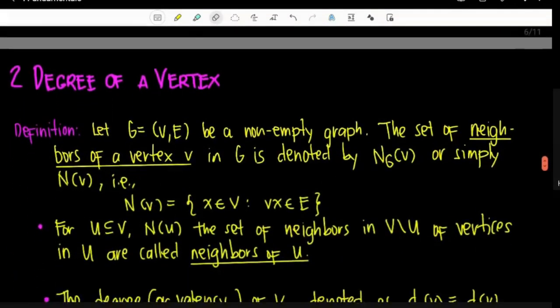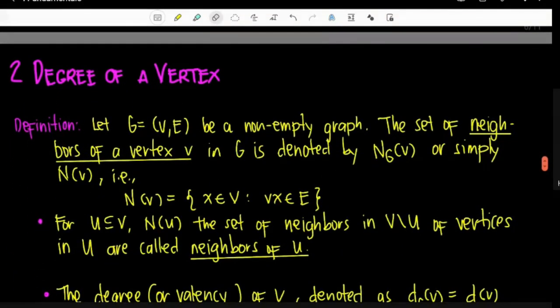About graph pa din. So, degree of a vertex. What do we mean by a degree of a vertex? For a given graph, the set of neighbors of a vertex V, denoted by N of V or simply N(V), minsan nilalagay natin yung sub G pag maraming graph na pinag-uusapan para we know which particular graph we're talking about.